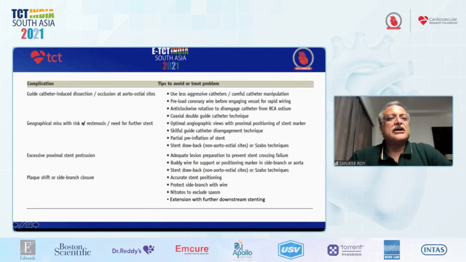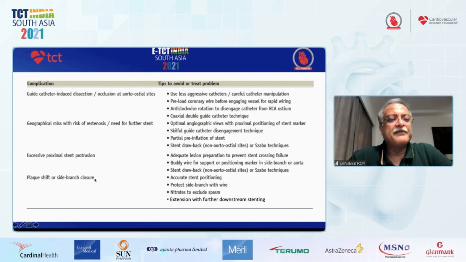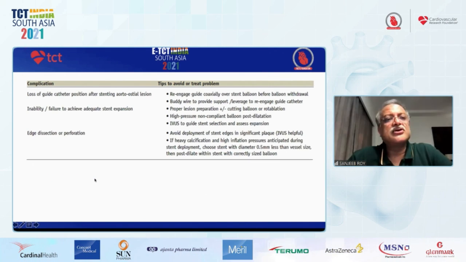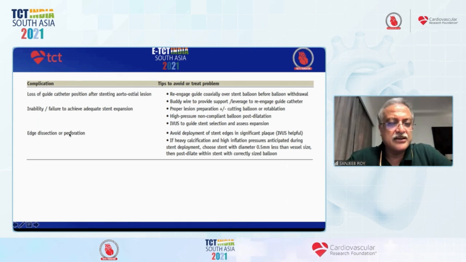So the other complications include the guide catheter-induced dissection, the plaque shift, the branch closure, and sometimes you have lost the wire position and you are unable to rewire it, edge dissection and perforations.